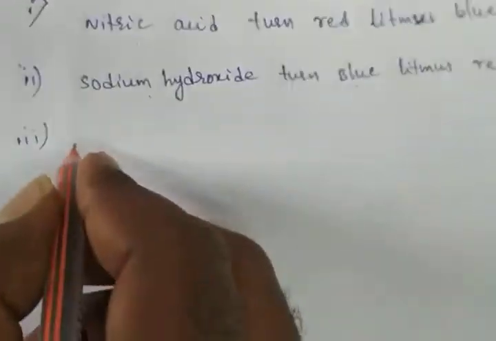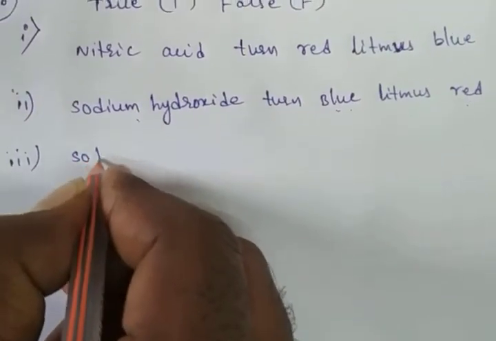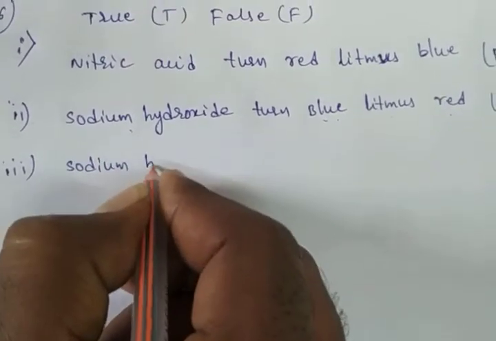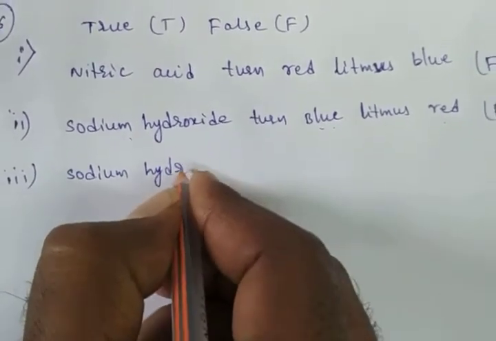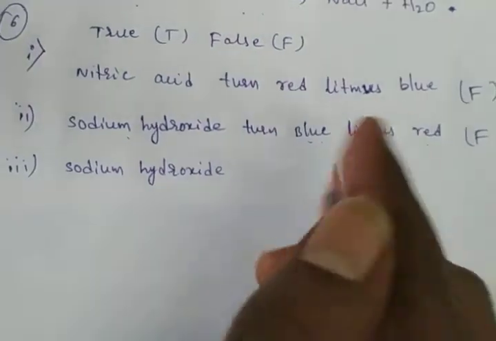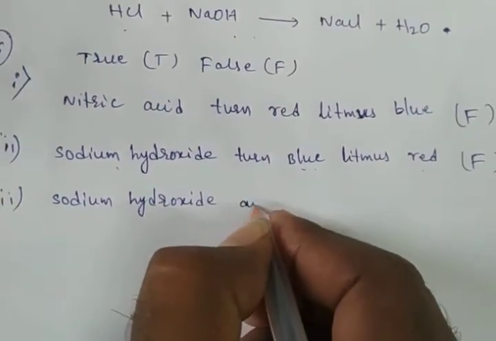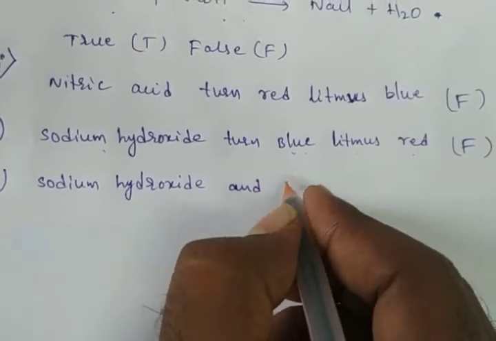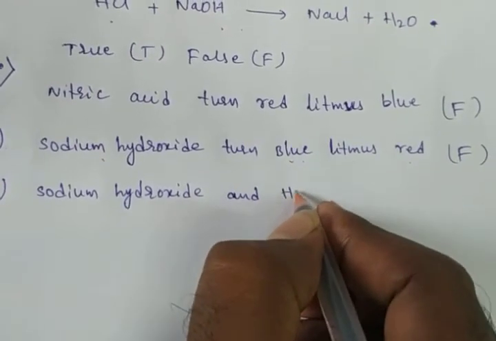Now the third one. The formula of sodium hydroxide is NaOH. What is the formula of hydrochloric acid? HCl.